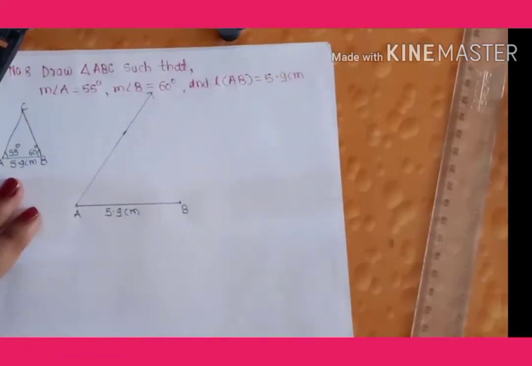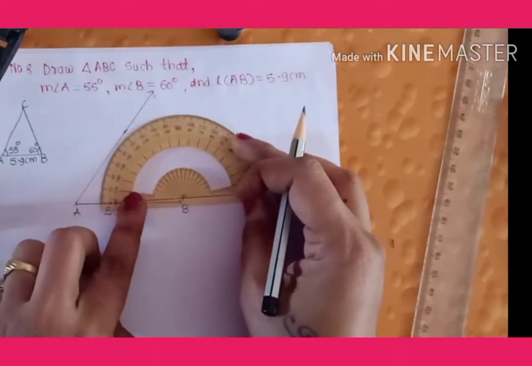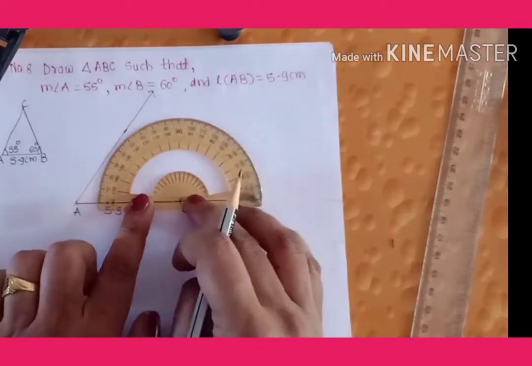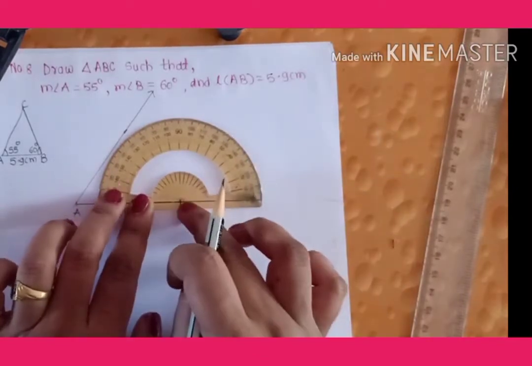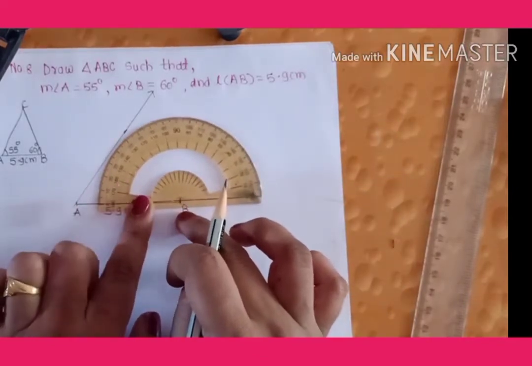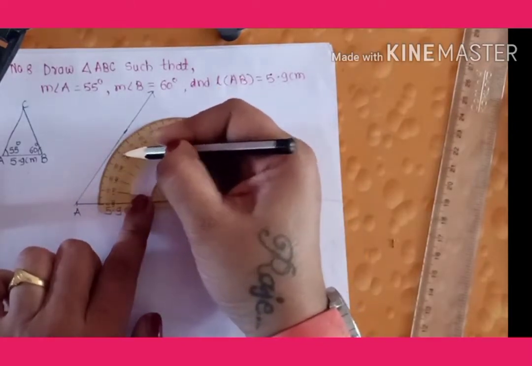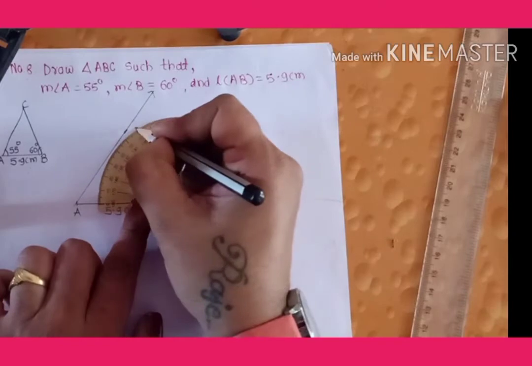Then from point B, draw a ray in such a way that angle B is equal to the 60 degree. 0, 10, 20, 30, 40, 50 and 60.